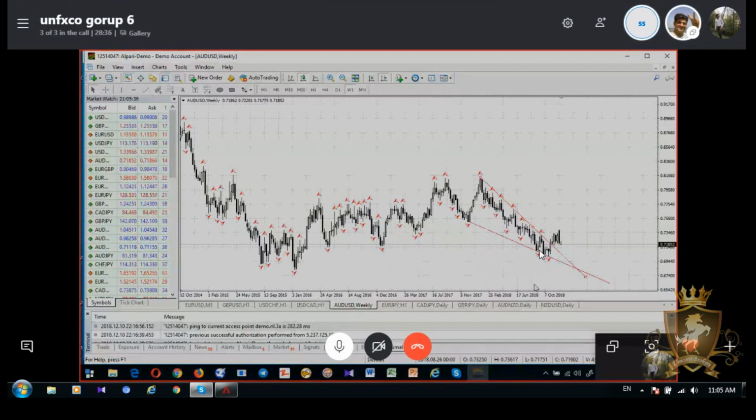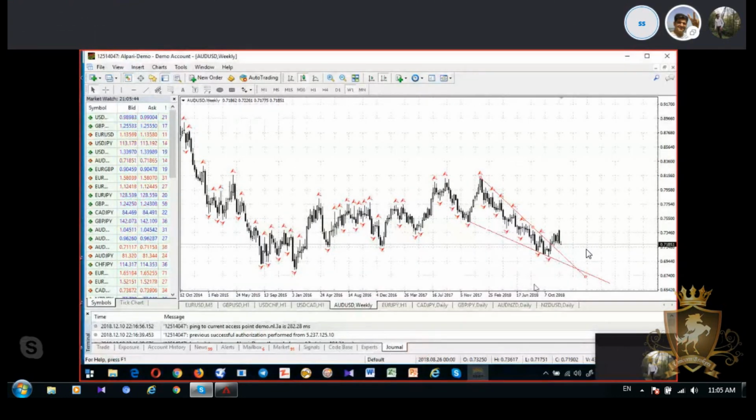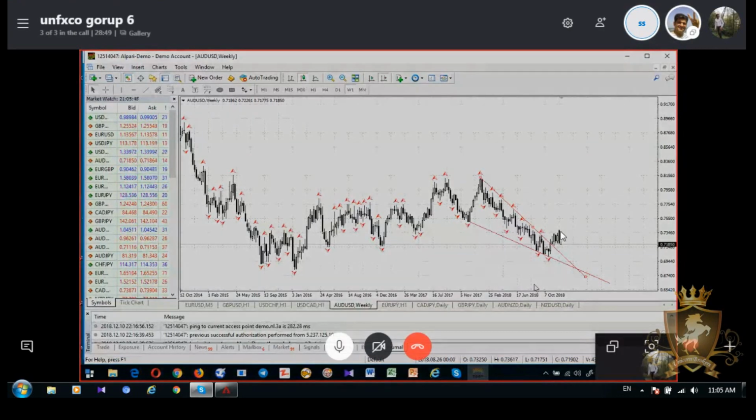The reason that I say that you cannot buy right now is because your weekly is a downtrend and your trend line has broken, but it hadn't given us a full confirmation to buy. And according to that pattern of the lows and highs, it hadn't given us a confirmation yet.